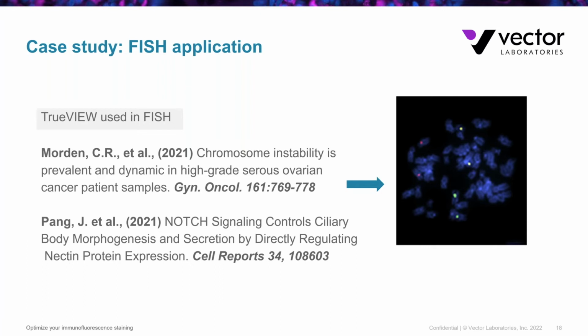So what I've done, I've had a little bit of a dig through some of the literature to show where other investigators have encountered autofluorescence, and it seems to be essentially ubiquitous through a lot of different fluorescence-based assays, and that they've successfully implemented a reducing treatment. And so these two papers here do refer to using TrueView in FISH assays or fluorescence in situ hybridization.